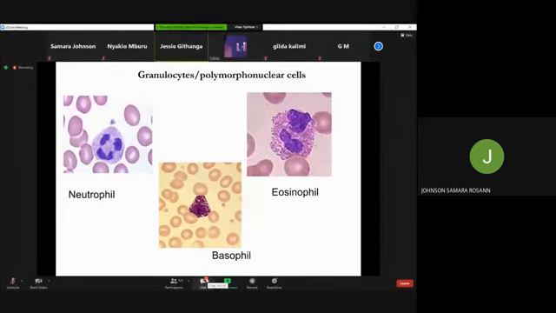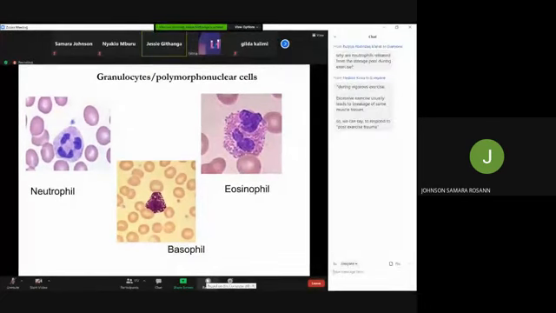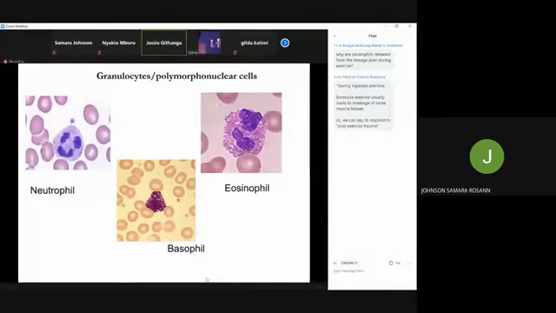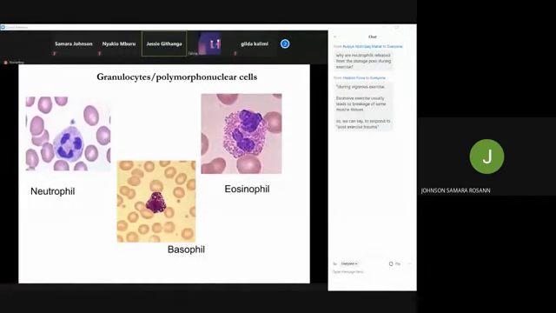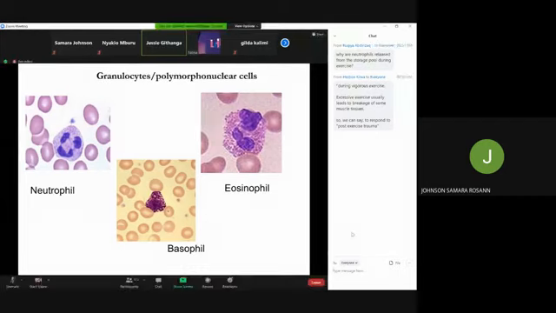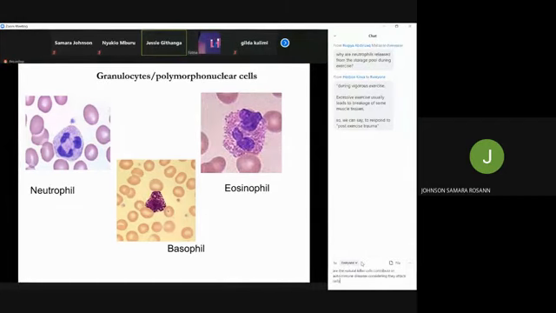They obscure the nuclear appearance. So that is what basophilic granules look like. When you come to your practicals, you have a chance to look down the slide and identify these different granulocytes.